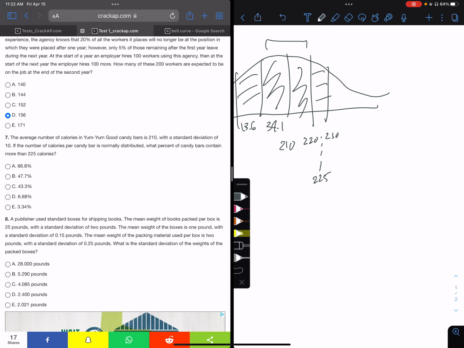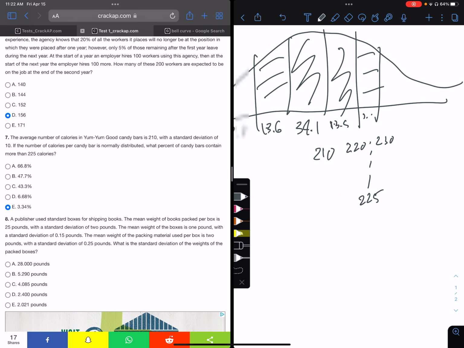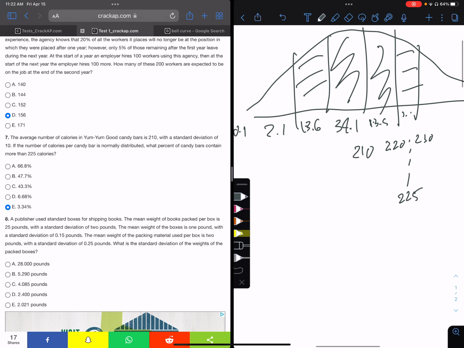So candy bars with more than 225. So this is going to be 13.5. This is going to be the 2.1. It has to be E, because technically, this guy is like here. Oh, no, it's D. Alright.